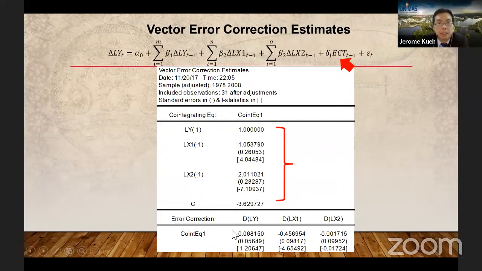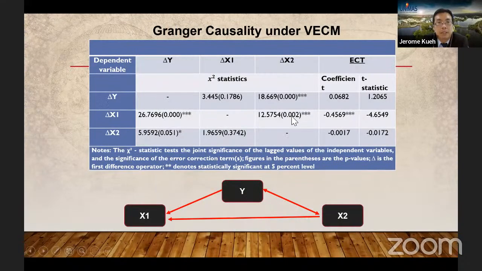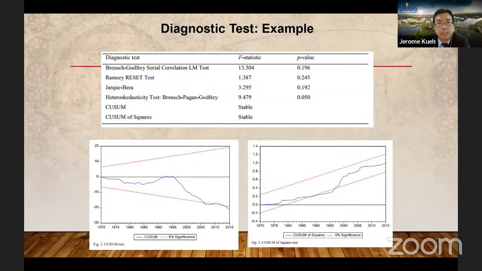That can be captured under this error correction term. In terms of Granger causality based on the VECM, you can also estimate that. Then you can provide a diagram to show the causality. It can be bidirectional causality, unidirectional causality, or even no causality at all. So those are quite standard procedures that we normally perform in time series analysis.